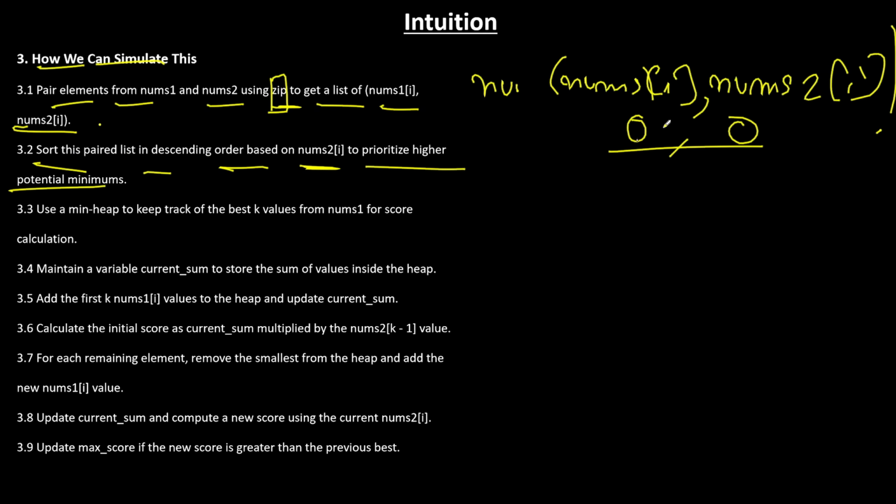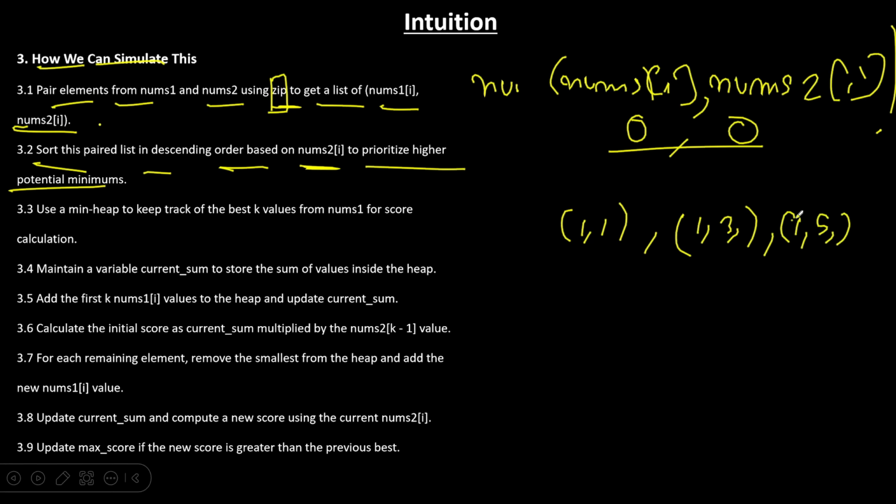So what happens with this zip? Suppose this is nums1 and this is nums2, with pairs like 1 comma 1, 1 comma 3, and so on.